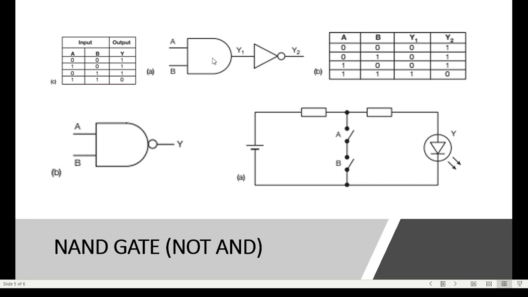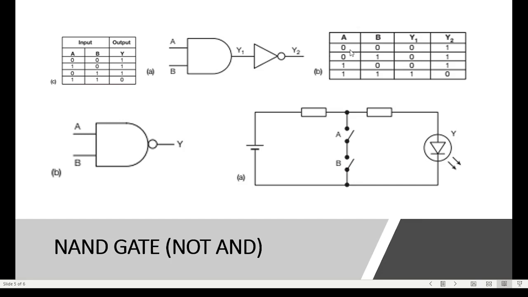So A and B comes out, and then whatever comes out of the AND gate goes into the NOT gate, making it not the same as the input. Good. So if 0 and 0, we see where 0 and 0 gives you 1, right?